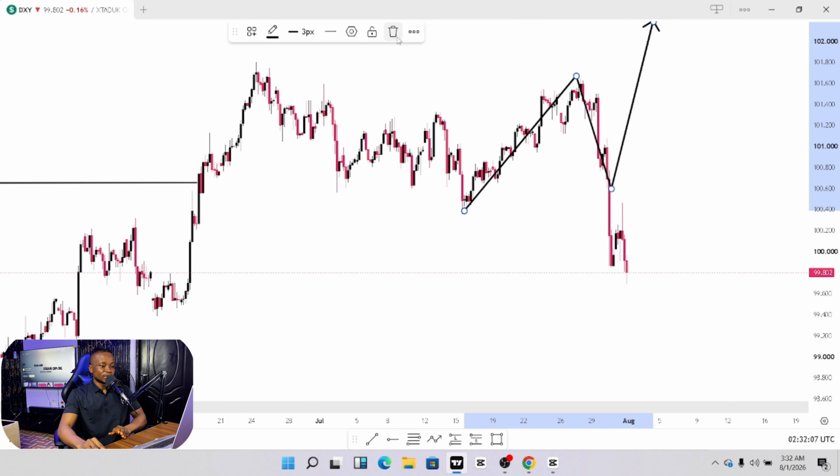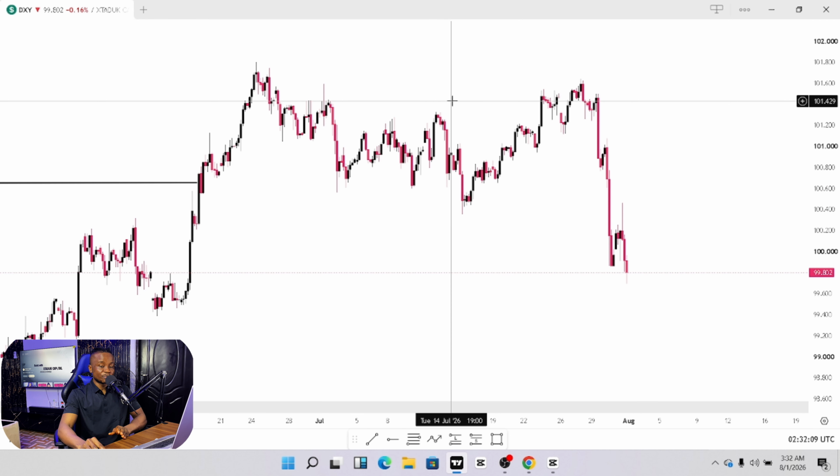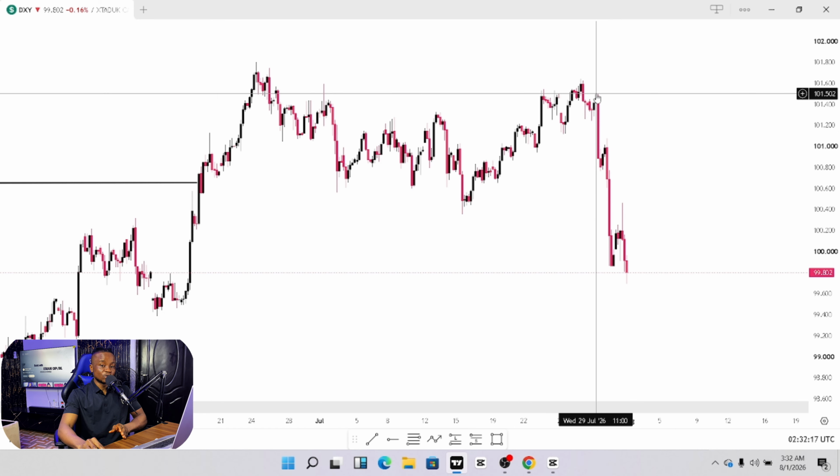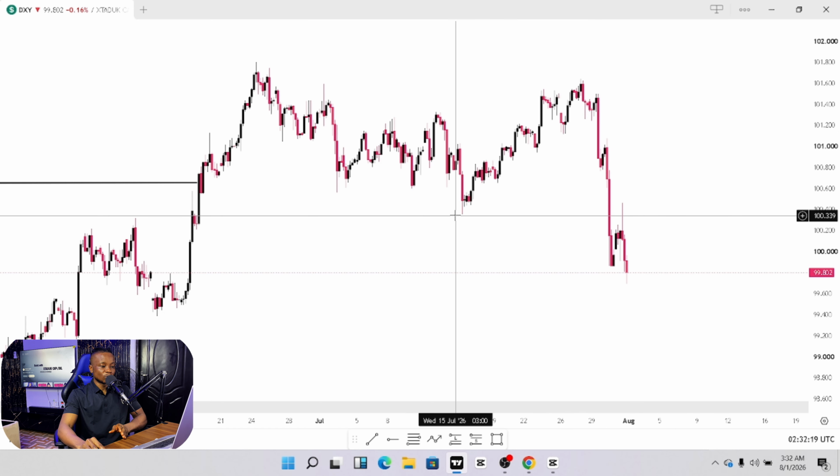Thereby, if DXY, which represents the USD, strengthens, then GBP USD will sell. But in this case, DXY sold off and broke structure to the downside, meaning that DXY is now heavily bearish, and maybe will make its way down to this discount zone of this demand zone before that buy will happen. So that explains why we closed out on the GBP USD sell.